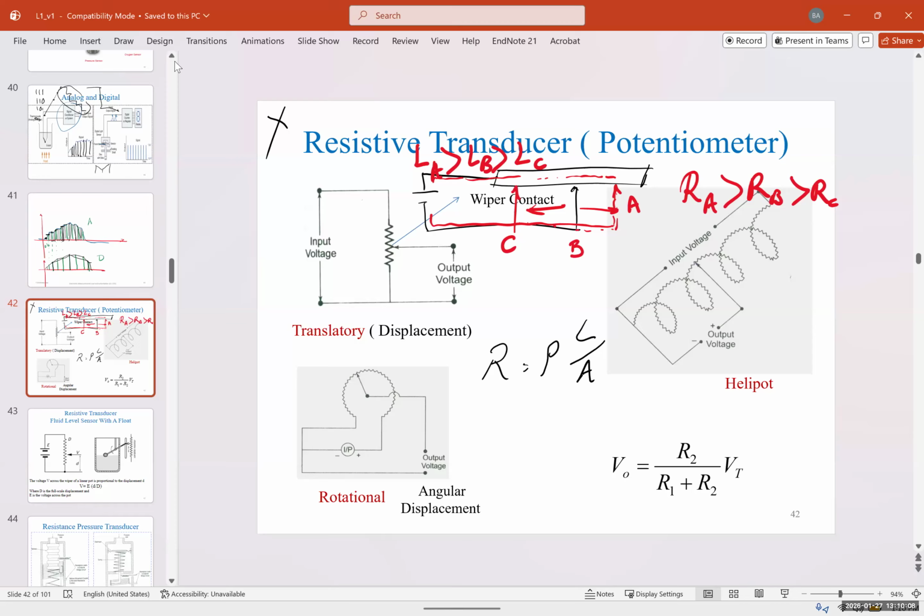And that potentiometer is connected to an op amp, and it controls the amplifier's gain, and therefore it controls the output voltage that you give to the speaker, and therefore the volume of the speaker.